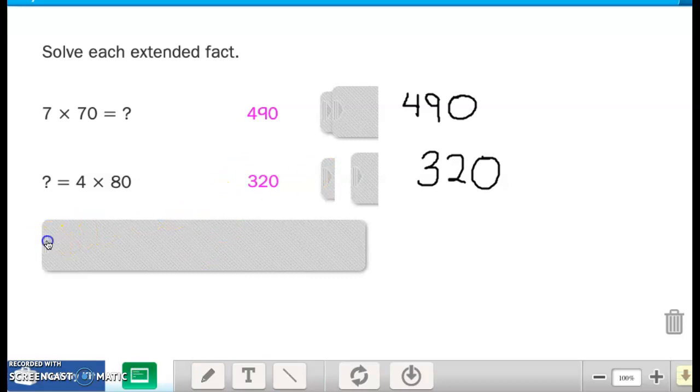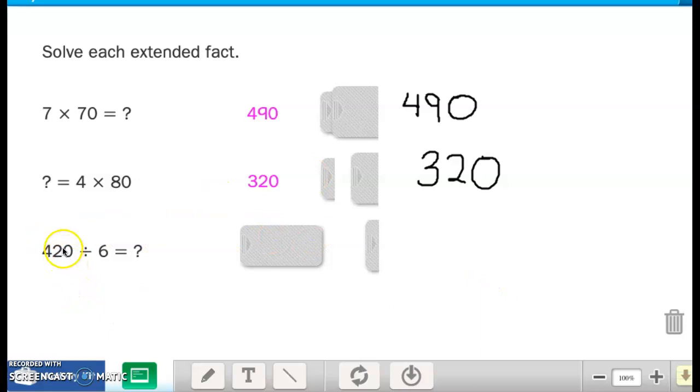Okay, now we go to the next one. Again, just look at the main answer, 42. 42 divided by 6 equals what? So we think about that. 6 times what is 42? How many 6's do you add together to get 42? Think about it.